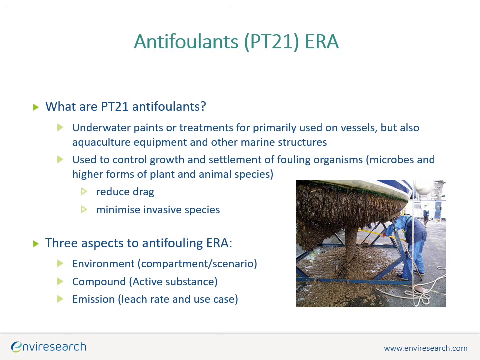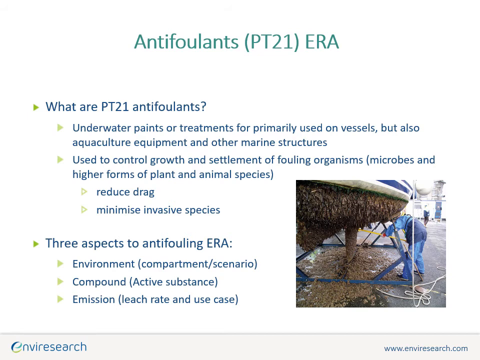It's used to control the growth and settlement of fouling organisms, which can be from microbes through to higher forms of plant and animal species such as barnacles. There are various reasons for using antifoulants, primarily to reduce drag caused by barnacles and other large organisms, and also to minimise invasive species from vessels bringing these organisms into port.